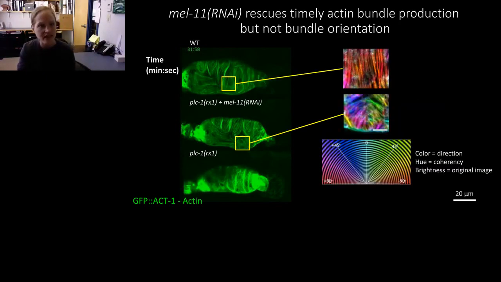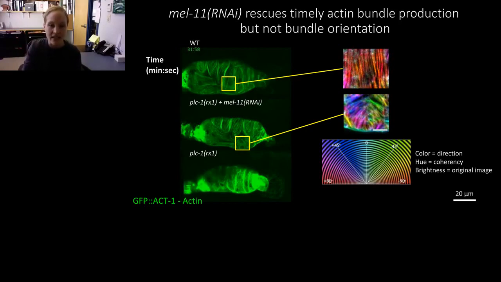So looking at this further, in addition to not being as organized, what we really noticed is that there was a failure to produce the alignment along the long cell axis. So again, I'm showing you data using orientation J, and in the top here, all of my fibers from a single cell are oriented in the same direction. So they're all the same color, oriented about 90 degrees vertical, all red colors.